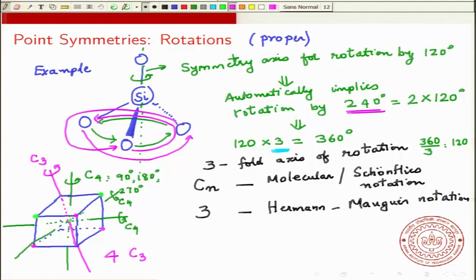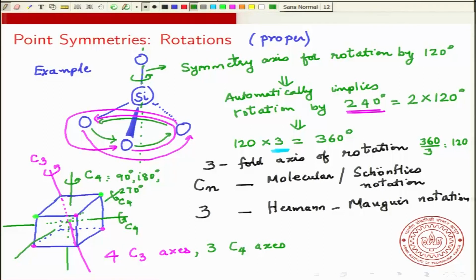There are 8 corners in a cube, so there are 4 C3 axes, and we already saw we have 3 C4 axes. Okay, so this is what characterizes a cube.